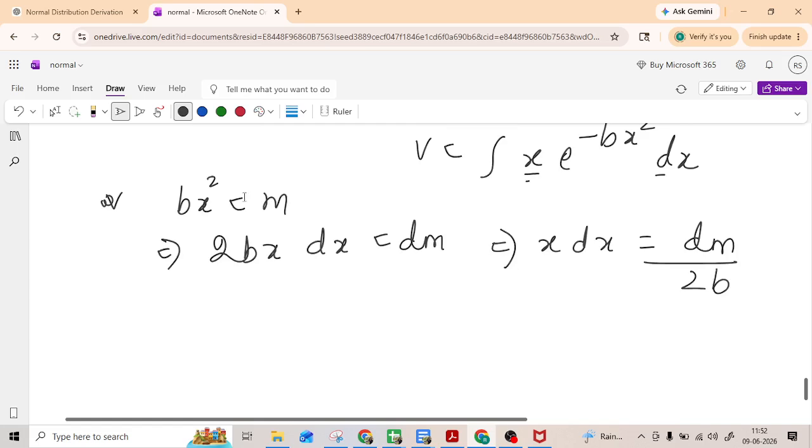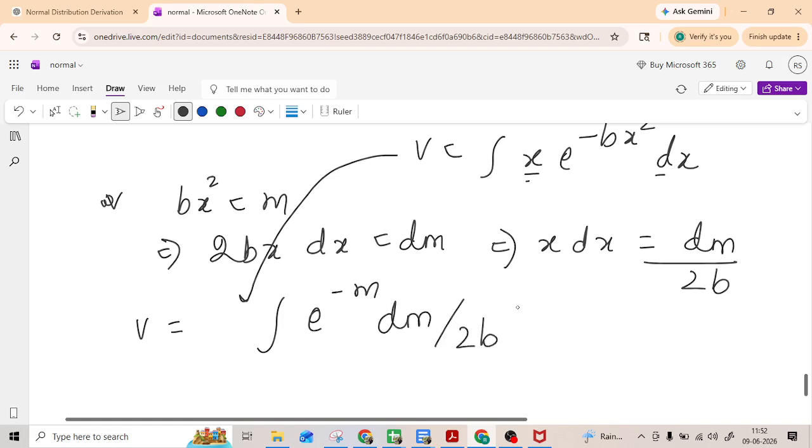So let's write it from here. v equals the integral of x e dx, and we know x dx is dm by 2b, so this becomes e raised to the power minus m, with x dx as dm by 2b. So it becomes 1 by 2b into the integral of e raised to the power minus m dm.